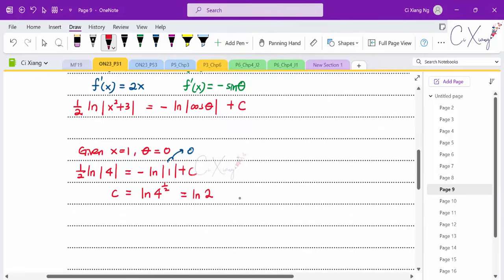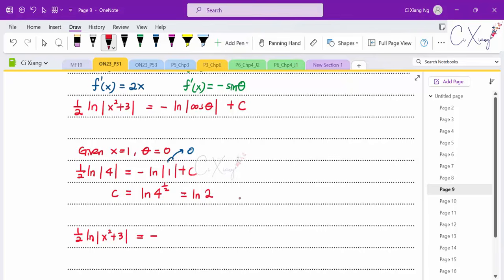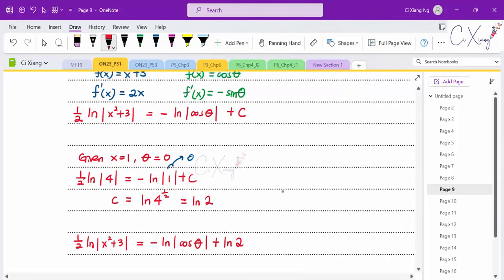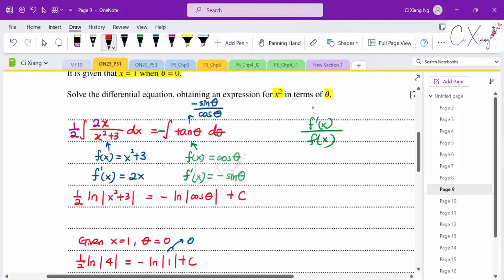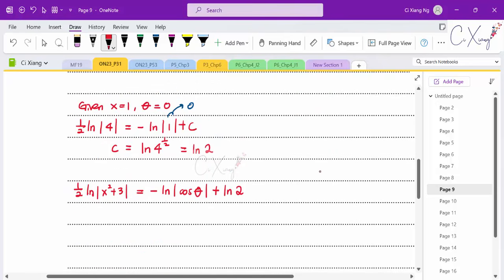Then please rewrite your equation again. So I'm having half ln x squared plus 3 equals negative ln cos theta, then plus ln 2. The request of this question is to express our answer x squared in terms of theta. There are many different ways that you can rephrase your equation here. First of all, I try to combine the ln on the right hand side.